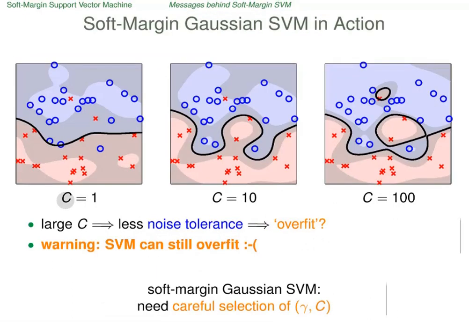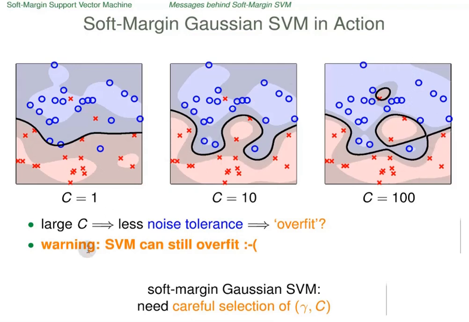For separable data in the transformed space, there exists some C, the parameter, such that C in the soft margin produces exactly the same solution as the hard margin. As a result, we can relate hard margin SVM as a special case of soft margin SVM.